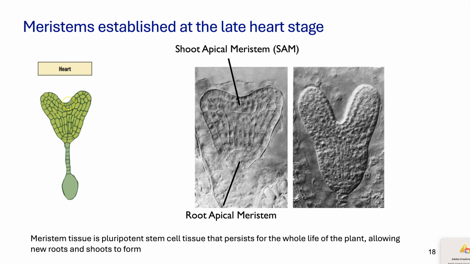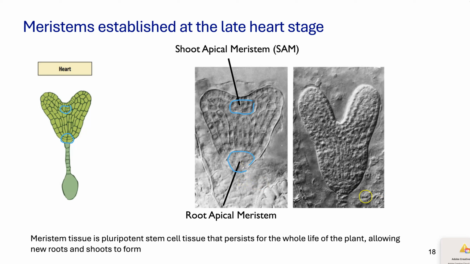But it turns out that the meristems for the shoot and the root have already got specific genes being expressed in them, and you can actually stain for those and see that the shoot and root apical meristems are actually being set aside earlier than the torpedo stage.